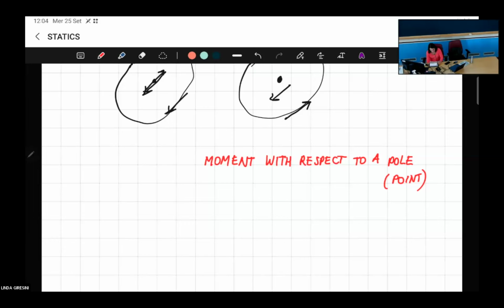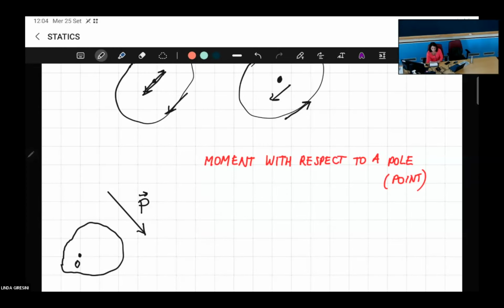So let's assume we have a force, for example, in this direction, P. And we want to calculate the moment. We have a body, and point O is the pole, the point with respect to which we want to calculate the moment.